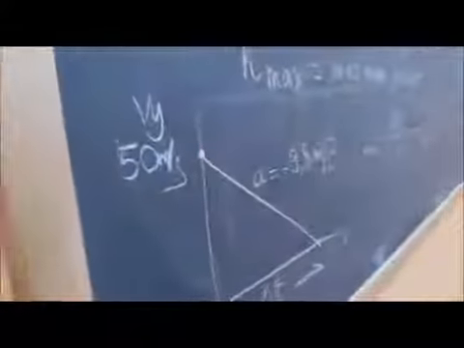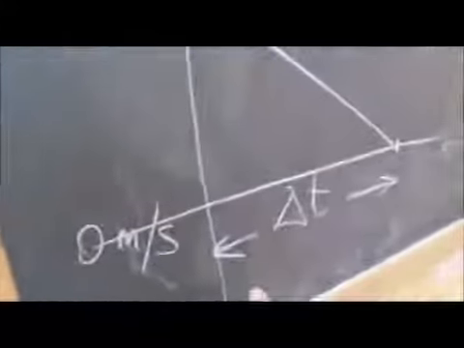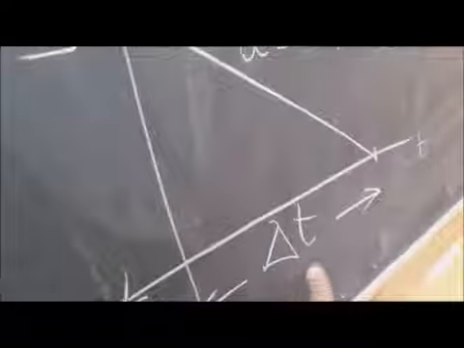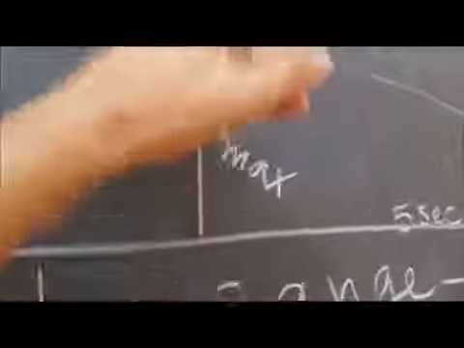The first thing we need to do is calculate the length of time, how long the bullet takes to stop going up. This is where it stops going up because of gravity.